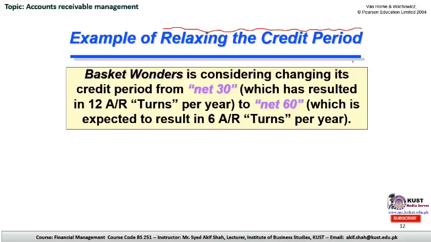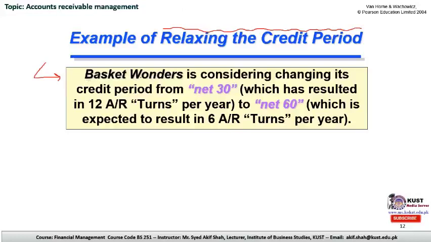So in that case, we are actually talking about relaxing the credit period. So rather than waste time on hypothetical examples, let's look at the rectangle and study this numerical case to understand what impact this relaxation will have on the company's profitability as well as cost. So here we have taken the example of a company named Basket Wonders.